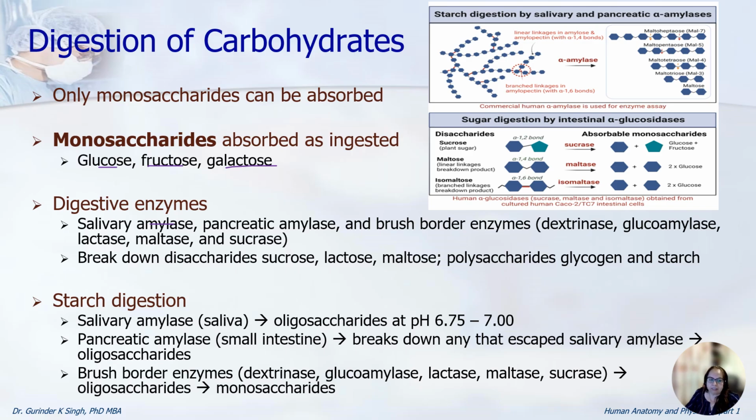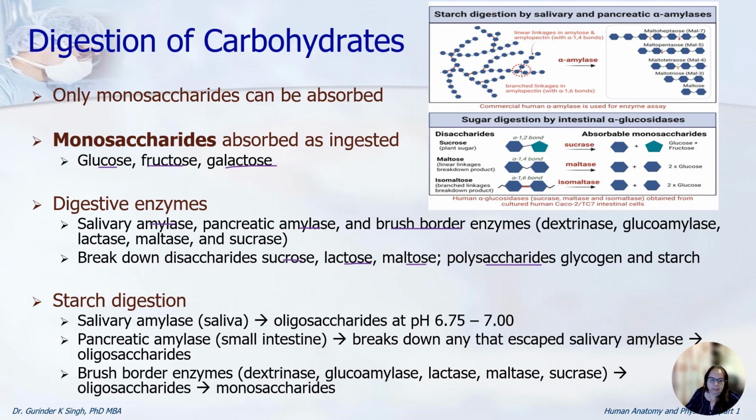So you have salivary amylases, pancreatic amylases, then you have brush border enzymes like dextrinase or glucoamylases, maltases, lactases, sucrases, which are disaccharidases. They can break down disaccharides, sucrose, lactose, maltose, or polysaccharides, glycogen, and starch into smaller glucose molecules.